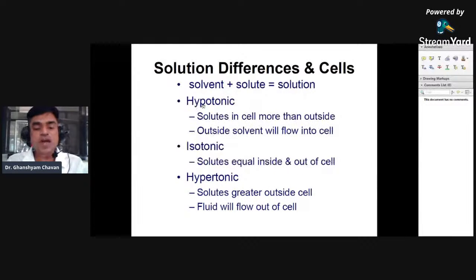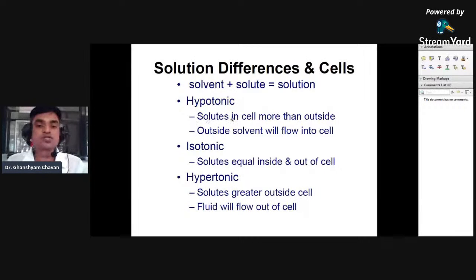In this solution, the tone or concentration of the solute is lower than the body fluids, for example blood, lymph or plasma. All of them have about the same tone, the same concentration. The solutions which have less concentration are called hypertonic solutions.